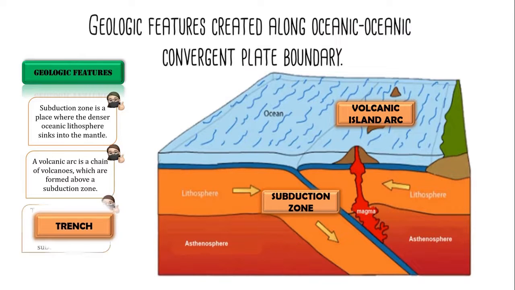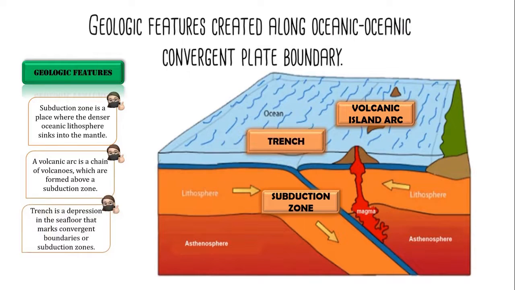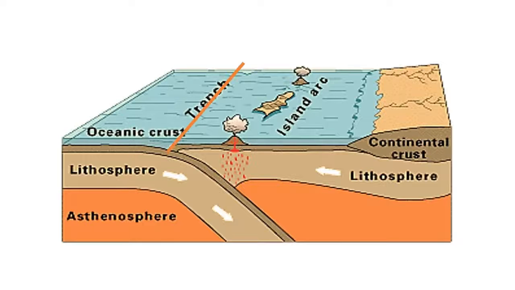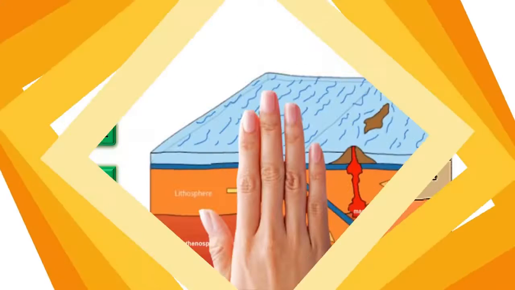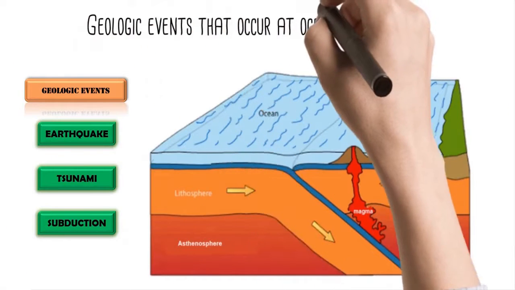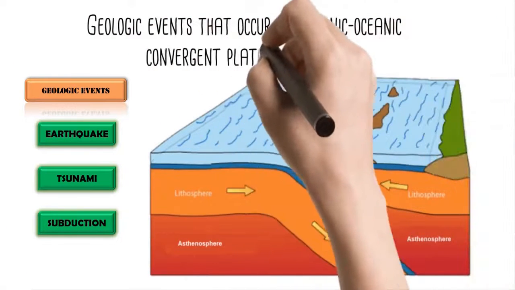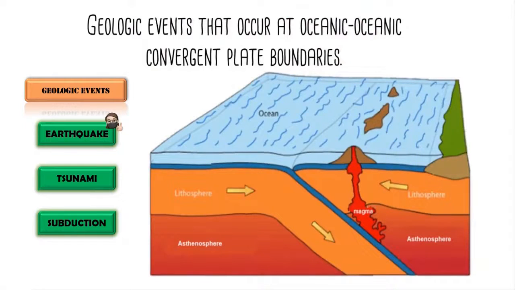Lastly, a trench, which is a depression in the seafloor that marks convergent boundaries or subduction zones. We must take into account that the trench and volcanic island arc are parallel to each other. Geologic events that occur at oceanic-oceanic convergent plate boundaries: so we have earthquake, tsunami, and subduction.